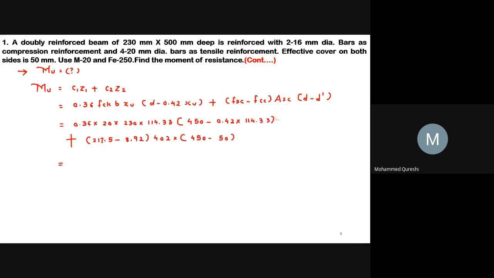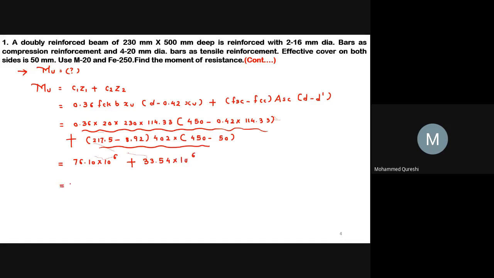So we will get 76.10 into 10 raised to 6 for this portion, plus for this portion we will get 33.54 into 10 raised to 6.